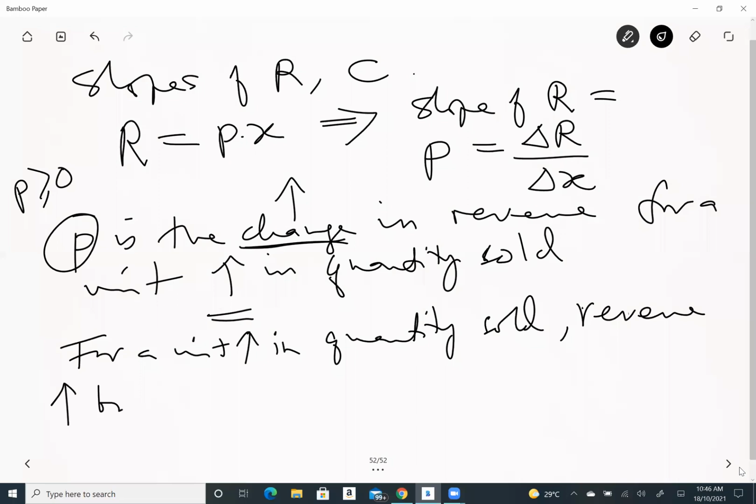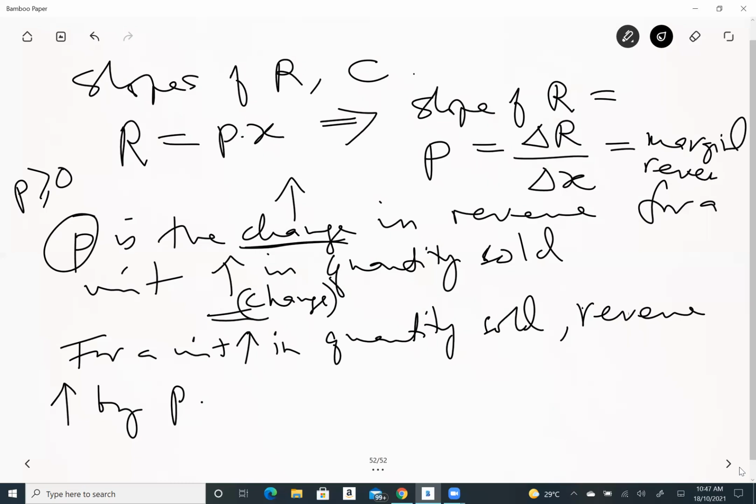Revenue increases by P. Now this is called the change in revenue per unit increase in X. Or, more generally, the change in revenue per unit change in the quantity sold. That is called the marginal revenue.